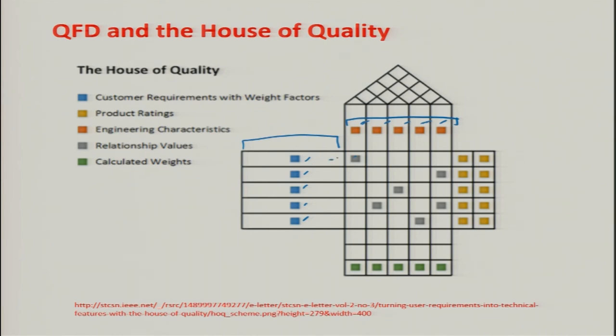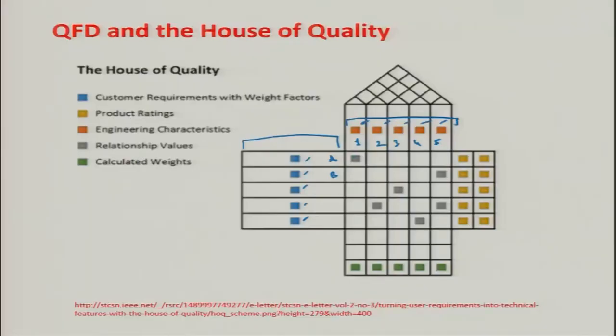How is this requirement A related to the engineering characteristic 1? How is requirement B related to the engineering characteristic 1, 2, 3, 4, 5? So, this is akin to the functional development worksheet that we saw. We will see how this is different and why this is the detailed version of what we saw in value engineering.